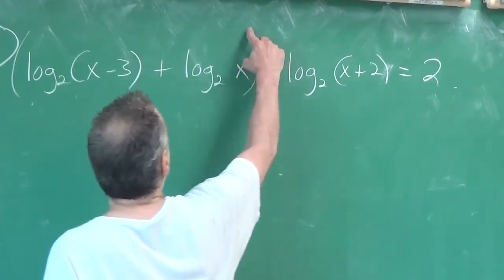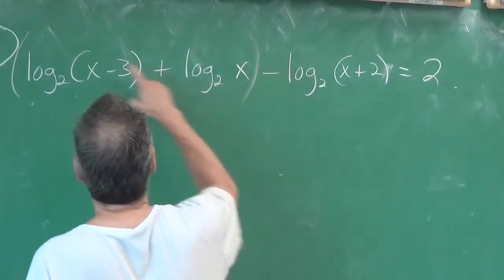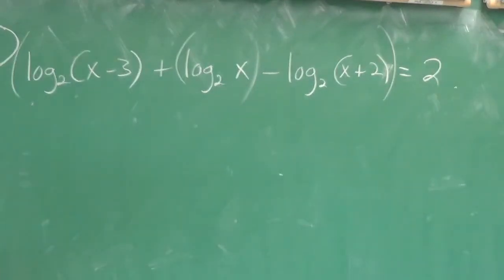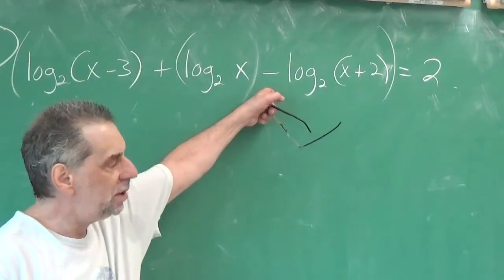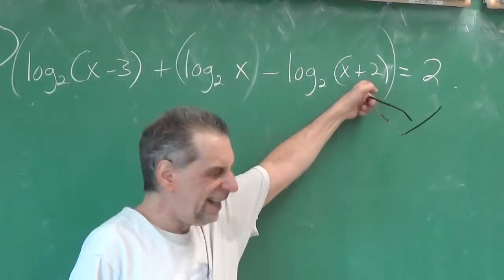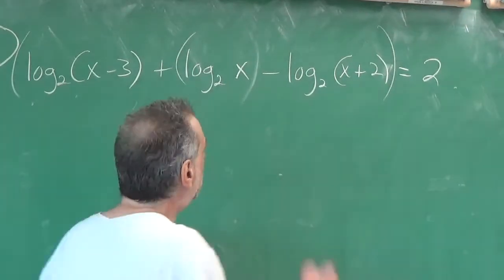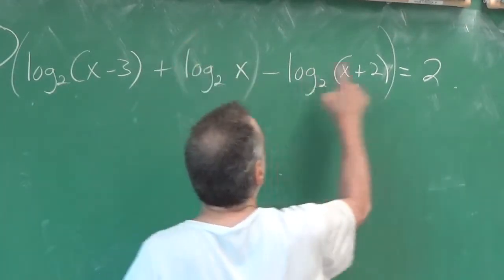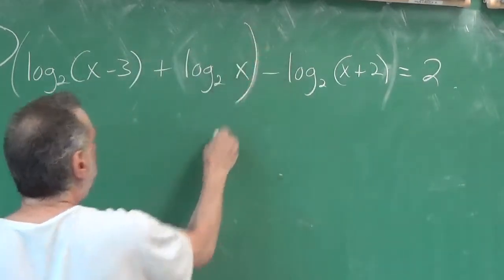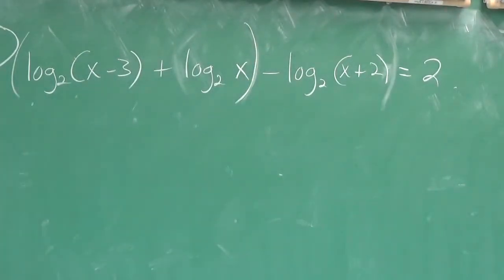Or you can look at it this way and combine those 2 first. It really doesn't matter which ones. Subtraction, remember, is the quotient rule. We would have the logarithm base 2 of this divided by this. Either way, eventually you're going to end up with the same thing. Let's look at it this way first, where we combine those 2 terms.